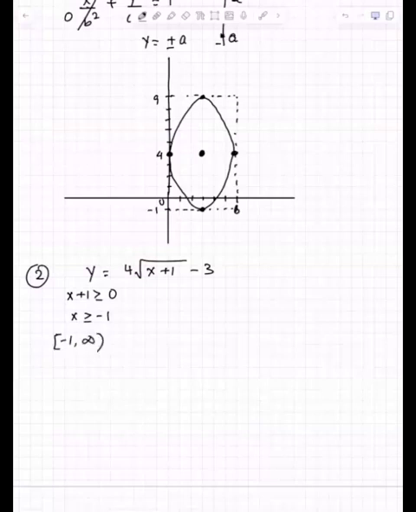Okay, the range. We can talk this through first. The square root function always gives you positive or 0. The smallest value of this is 0, but that is when x is -1.